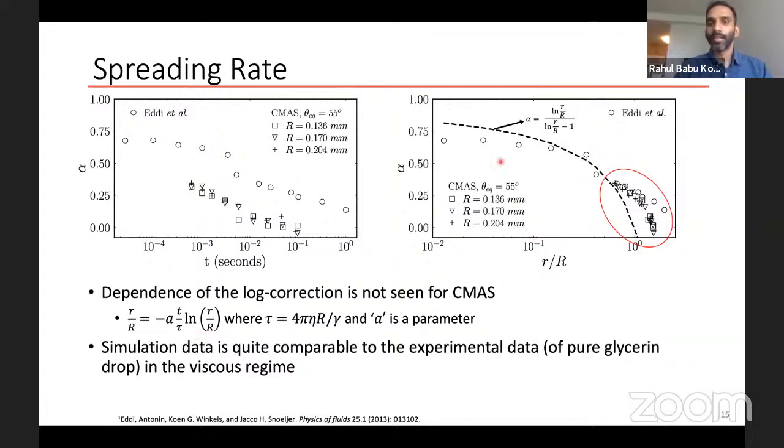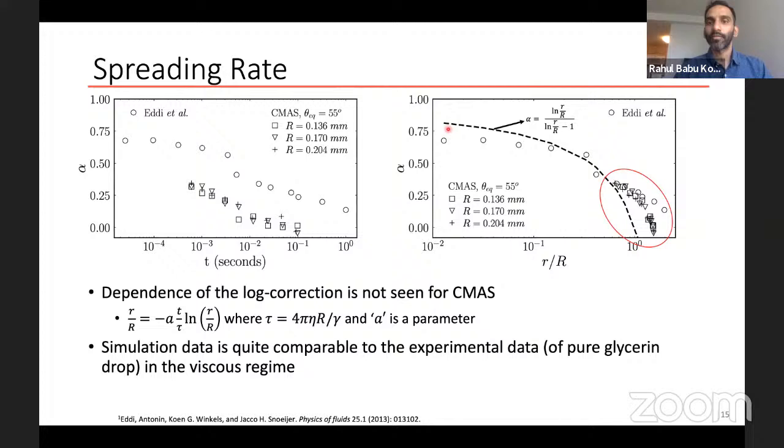And in their experiments, Eddy and co-authors found that the low viscosity drops follow this line very closely. In their experiments, the lowest viscosity was like 20 or 30 millipascal seconds. So it's still quite viscous, but it's less viscous compared to molten sand.